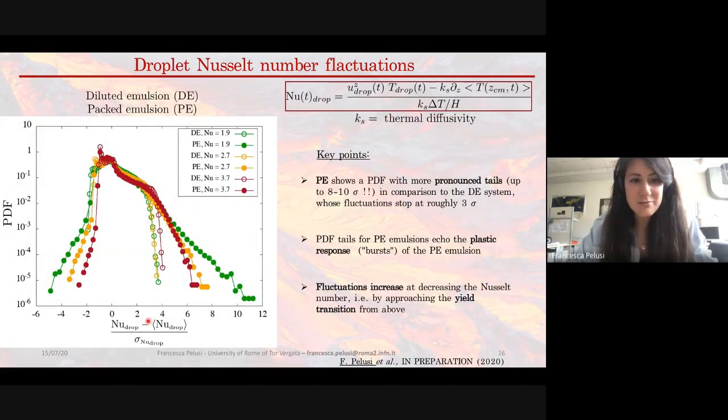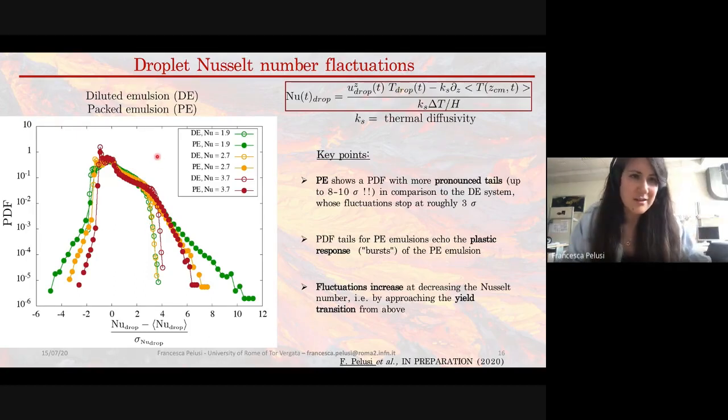Looking at the probability distribution function normalized to the standard deviation for this new local observable, we can see a neat difference between the dilute case, here empty circles, and the packed case.